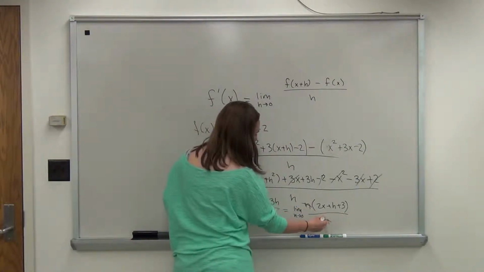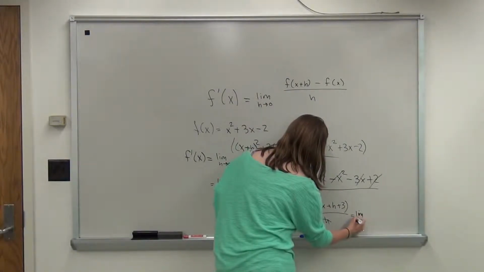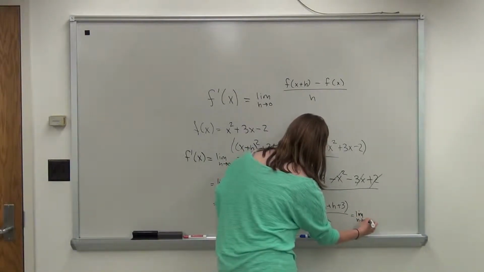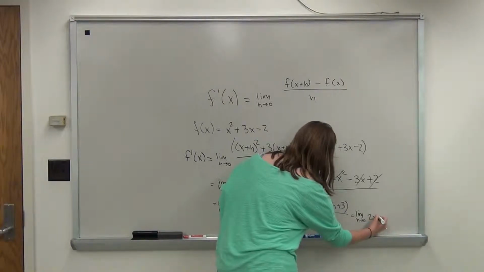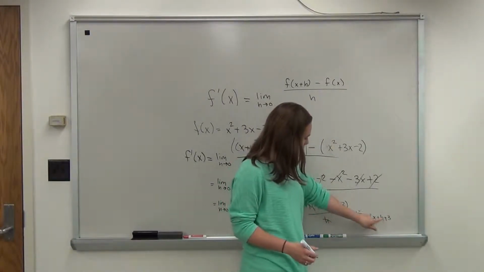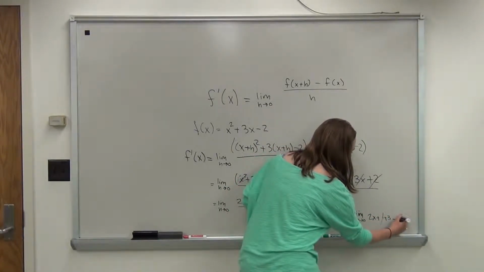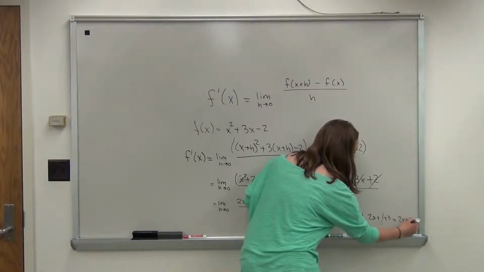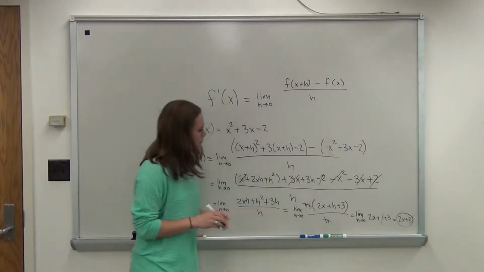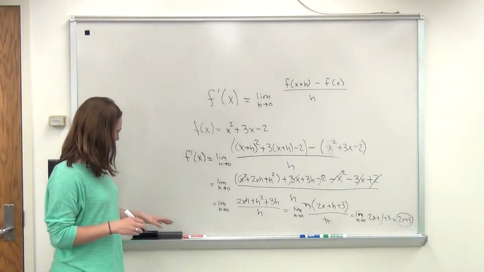Now these cancel, and we're left with the limit as h goes to 0 of 2x plus h plus 3. Since h is going to 0, this is going to just go away. So we're left with 2x plus 3 as our final answer. Okay? So this is the correct distributing of negatives.